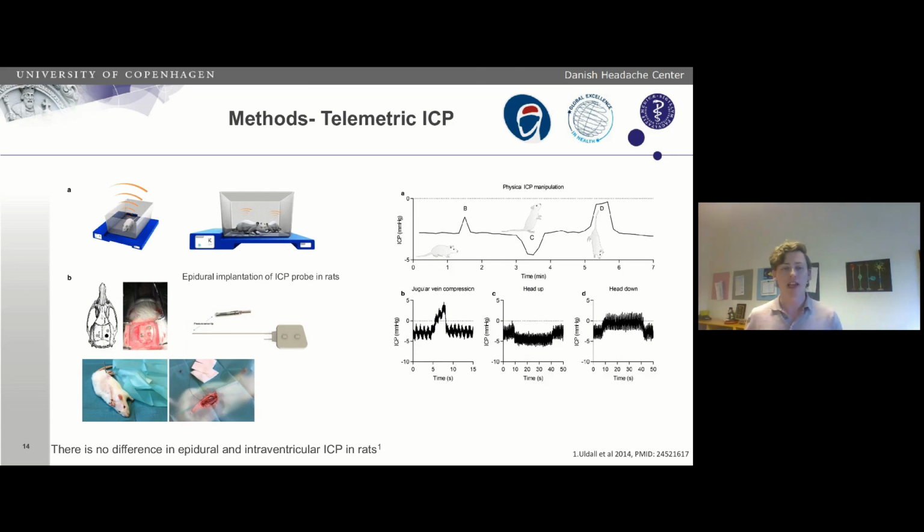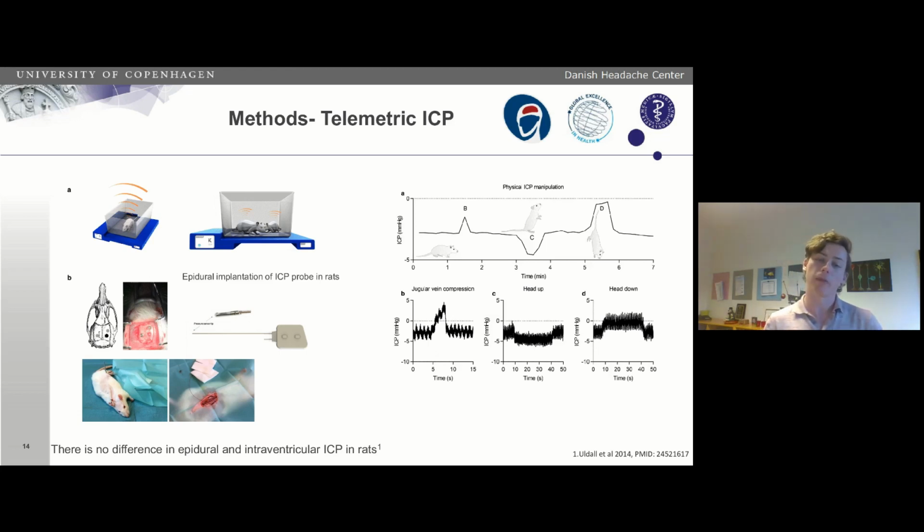So how did we measure ICP in these rats? Here we used the Kaha Sciences intracranial pressure probe. So let me just discuss with you how we achieve this. If you can see on the figure, we have a pressure tip and a box, and these are connected by a wire.